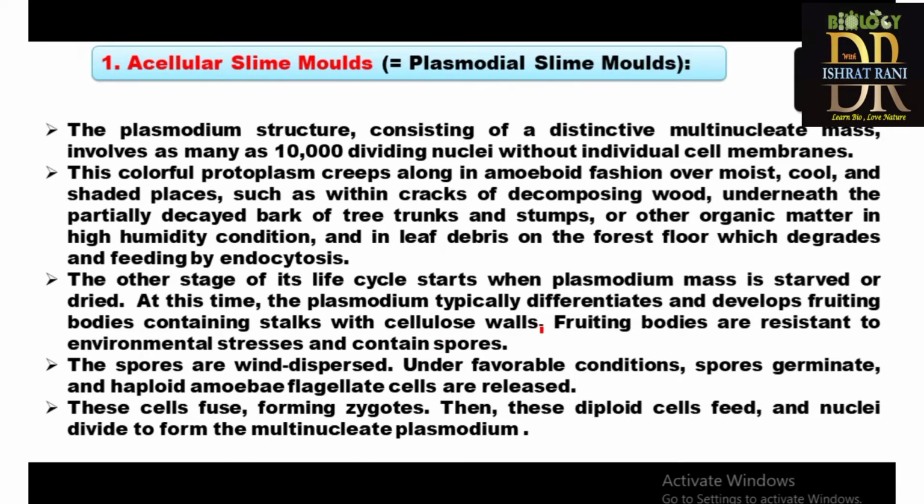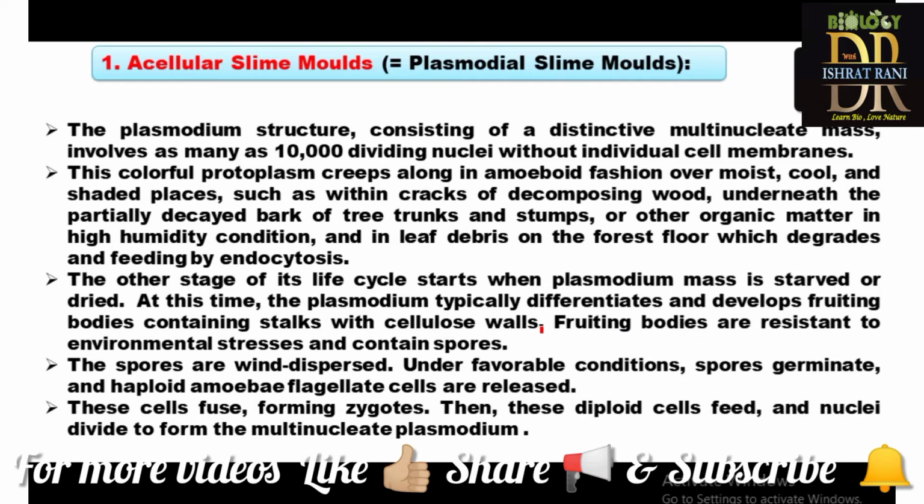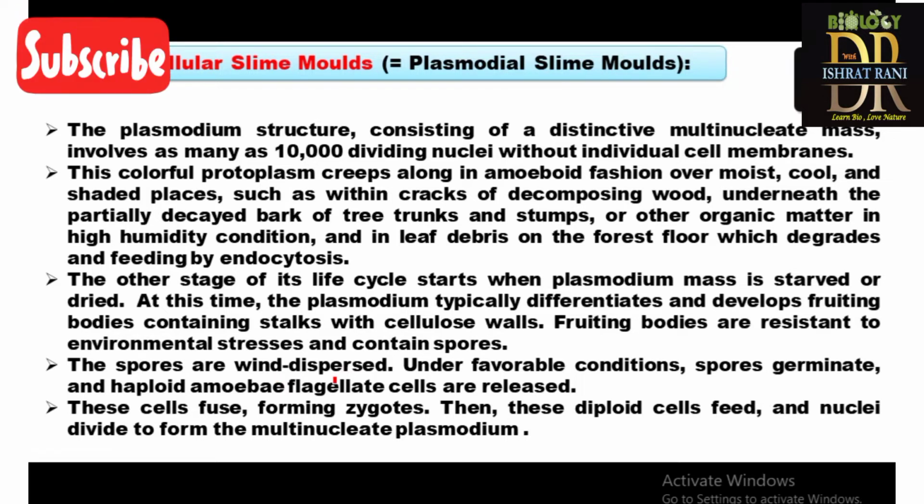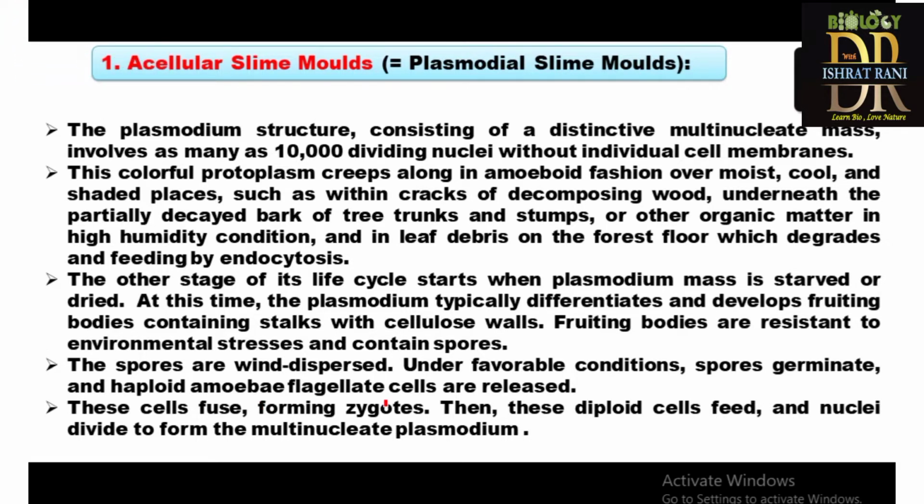Fruiting bodies are resistant to environmental conditions because they are spore bodies containing spores, so they survive till favorable conditions resume. Spores are dispersed by wind under favorable conditions. Spores germinate and haploid amoeba-like flagellated cells are released. These cells fuse forming a zygote, then these diploid cells feed and nuclei divide to form a multinucleate plasmodium.